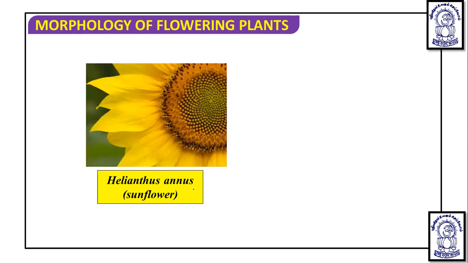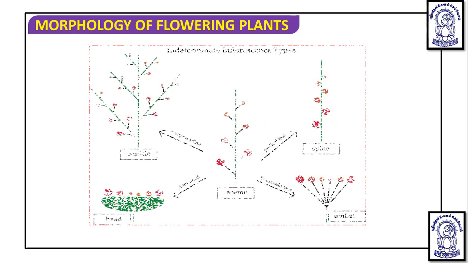Apart from sunflower, some examples are there like marigold and zinnia. Marigold is also known as Tagetes. So two important examples you should remember are Tagetes, marigold, and sunflower. This is the capitulum inflorescence.